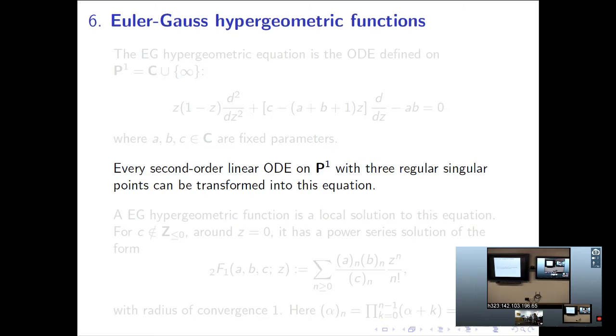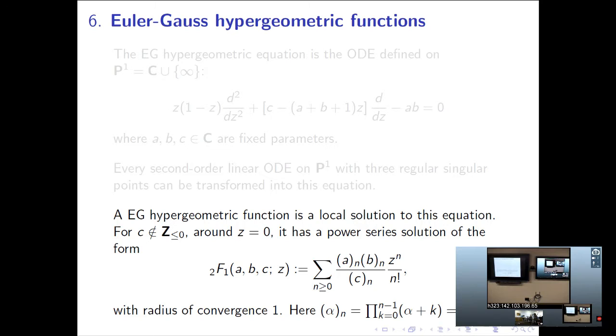Every second-order linear ODE on P1 with three regular singularities can be transformed to this equation by a Mobius transformation. And here, one can see an explicit power series solution to this equation around z equals 0, provided that c is not a non-positive integer. And this is called the Euler-Gauss hypergeometric function.